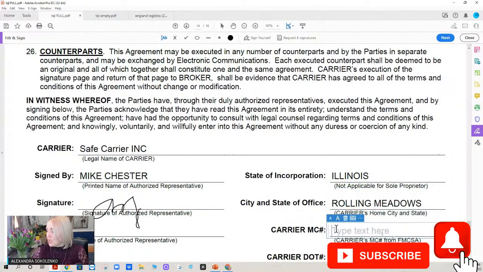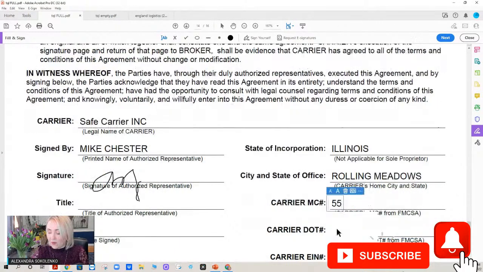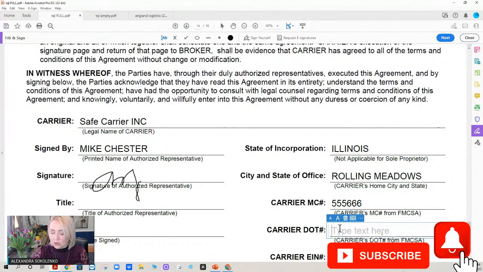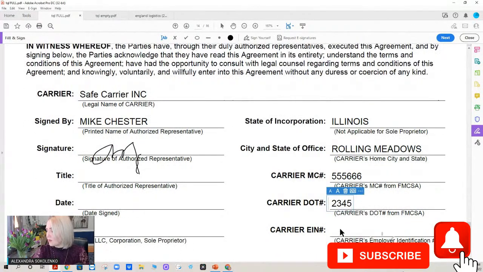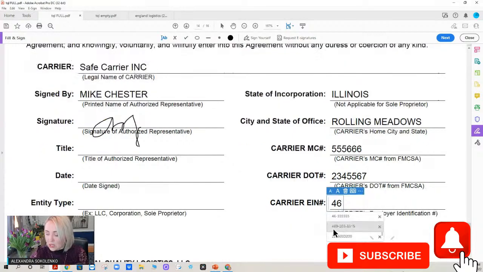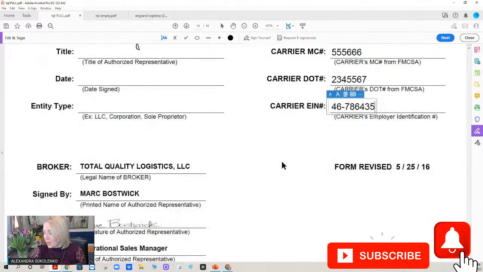Let's say the MC number we created is 555666. And whatever DOT, 234, whatever we did, just as an example. This is a US DOT. And tax ID number 46-789. Guys, again, I am just putting in numbers as an example, right?